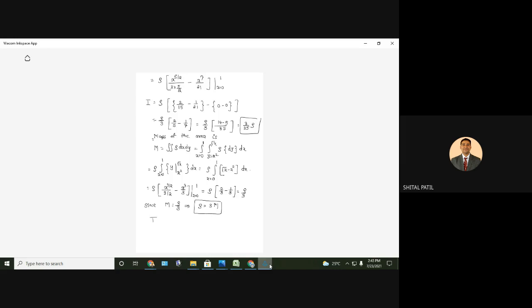Thus, moment of inertia is 3 by 35 into rho, which is 3 by 35 into 3m, that is 9m by 35.